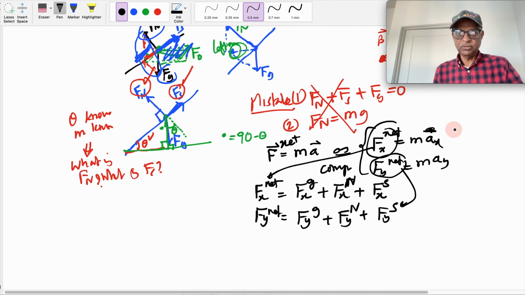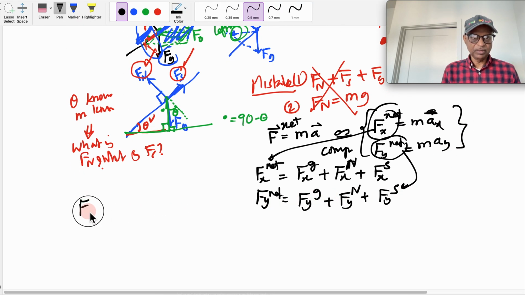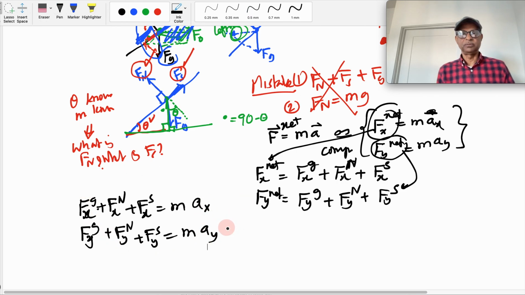So these two equations are basically saying that if I took Fx gravity plus Fx normal plus Fx static friction and added them up, it will be mass times ax, and Fy gravity plus Fy normal plus Fy static friction equals mass times ay. That's all that equation says.